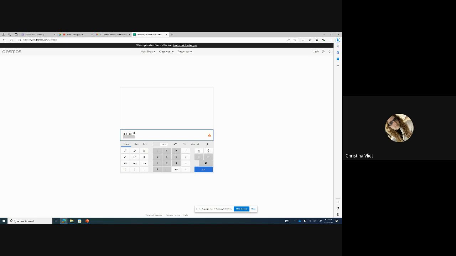So that's the top, 3.0 times 10 to the negative 2. And the bottom would be 1.33 times 10 to the negative 5.